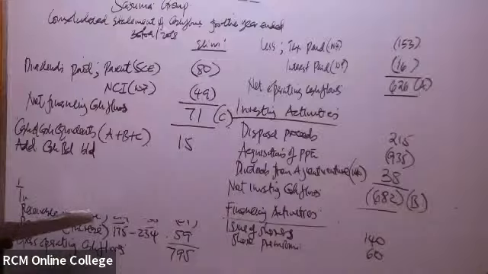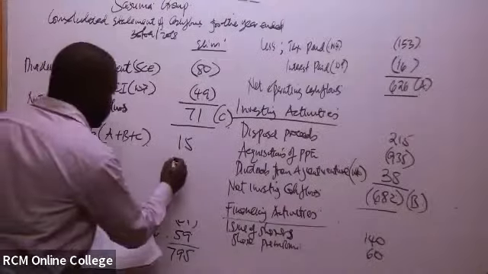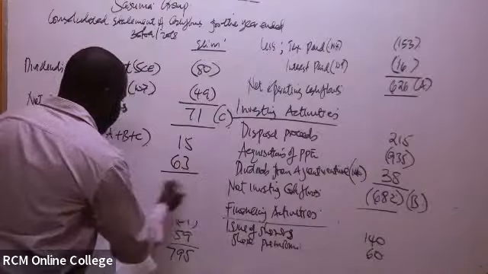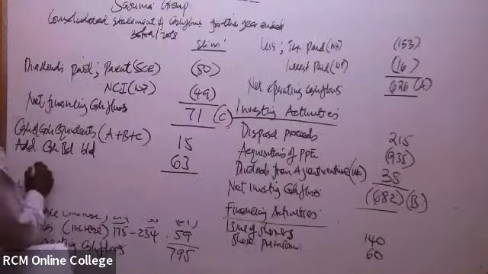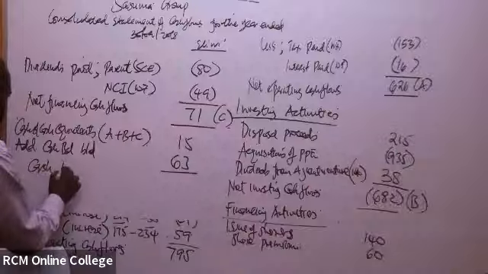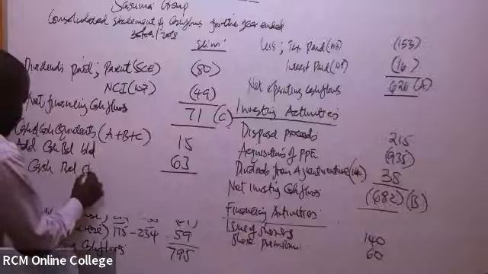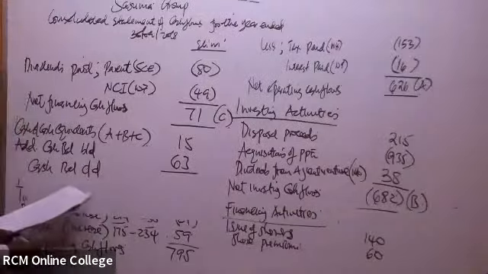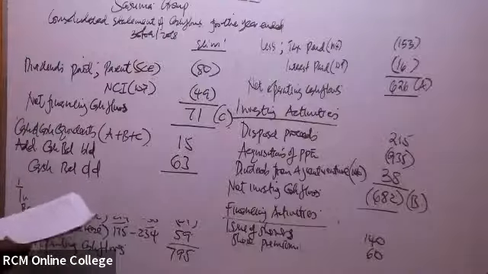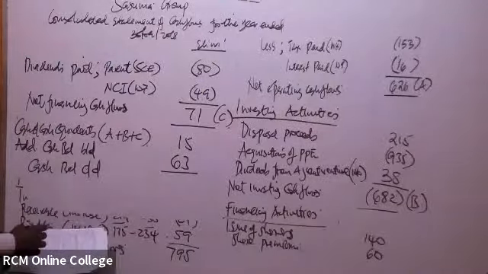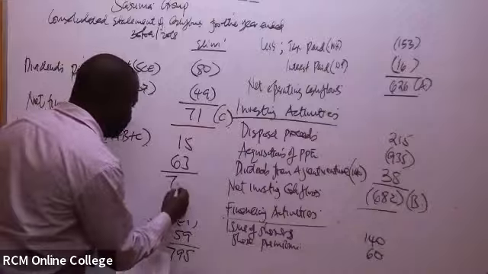Casti says 63. It is actually 63. Yes, it is 63. When you add, it should give you the cash balance carried down at the end of the year. Still, you should be able to get it from the statement of financial position, which in this case should be 78.